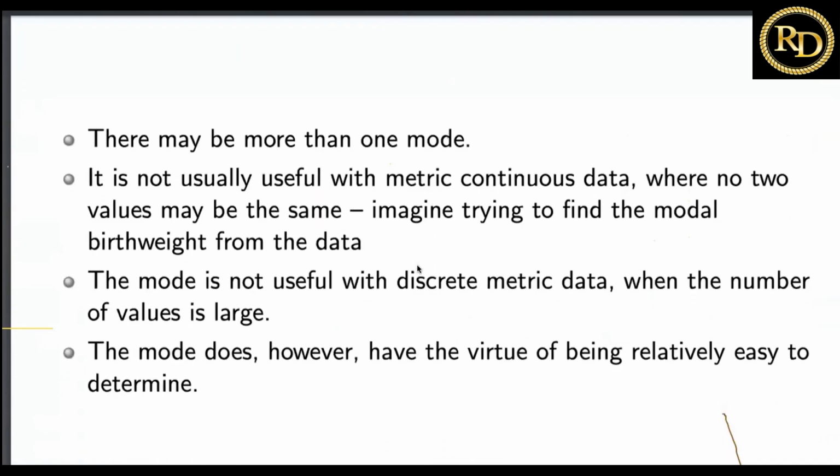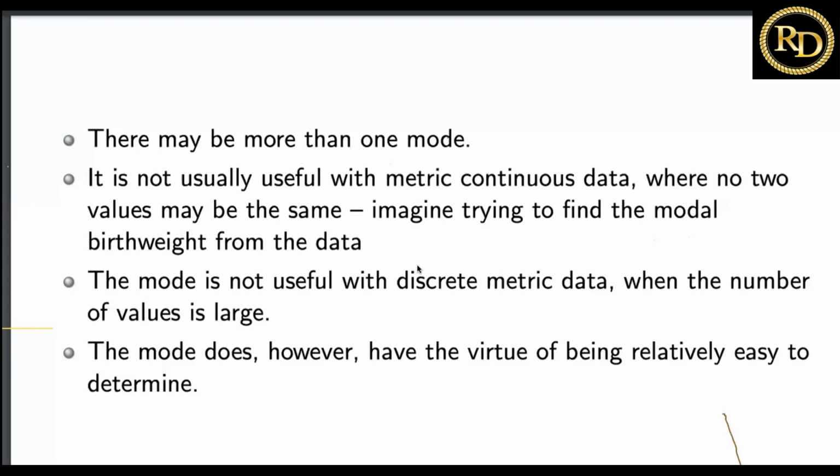Now, what are the other properties of the mode, and why is it not very often used? There can be more than one mode. It is not usually useful with metric continuous data, where no two values may be the same. Imagine trying to find the modal birth weight from the example that we discussed earlier.